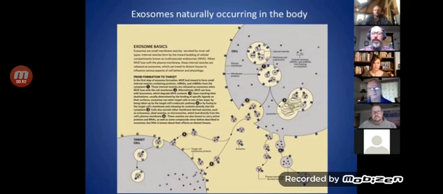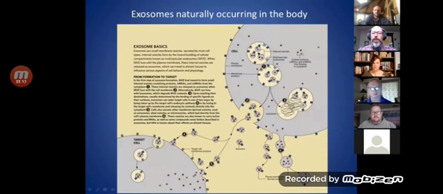Now, this is a specific type of vesicle that will end up merging with the cell membrane at the surface under certain conditions and release these exosomes out into the extracellular fluid, and they'll get into the circulation and be distributed around the body.